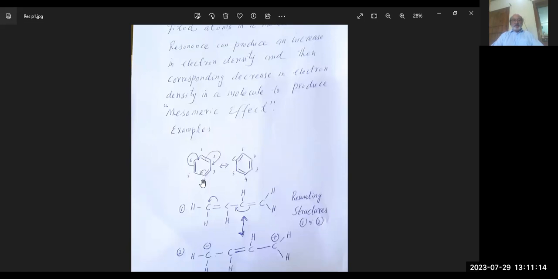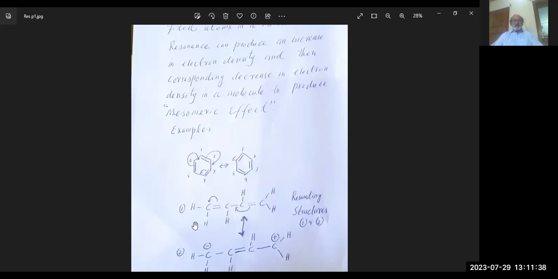And in between 5 and 6, the shifting now occurs to between 6 and 1. So due to these shiftings of the electrons, we get another resonating structure.